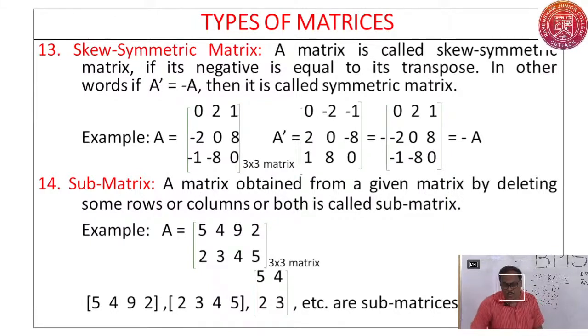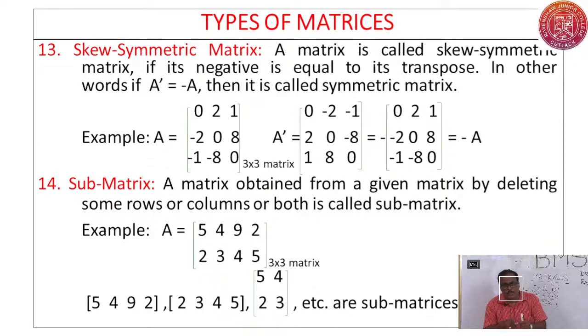The second row, -2, 0, 8, is converted into the second column. And the third row, -1, -8, 0, comes into the third column.